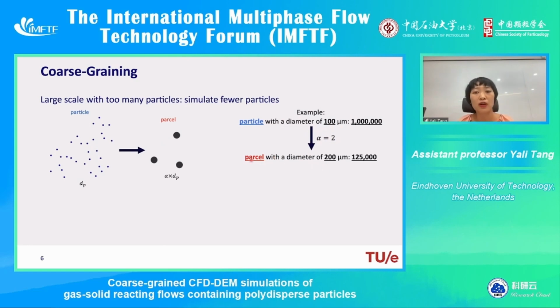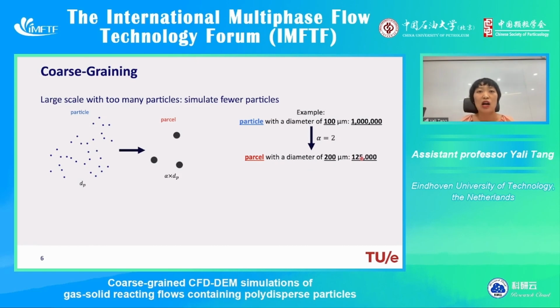However, the total number of particles we simulate will be reduced 8 times. That means you only need to simulate 125,000 particles. Computationally, this is much cheaper.